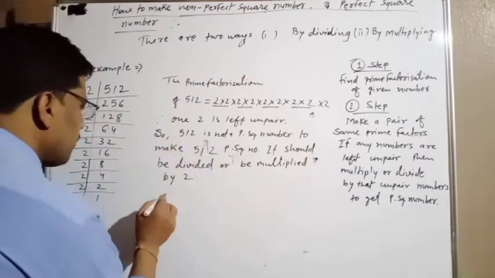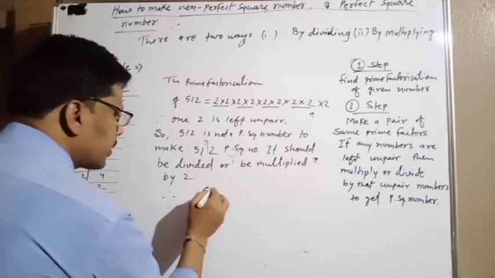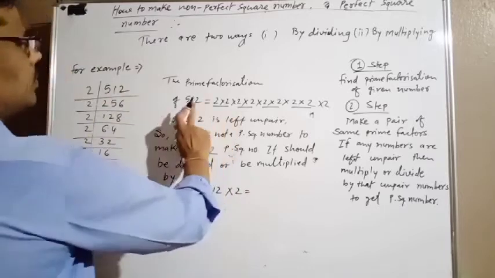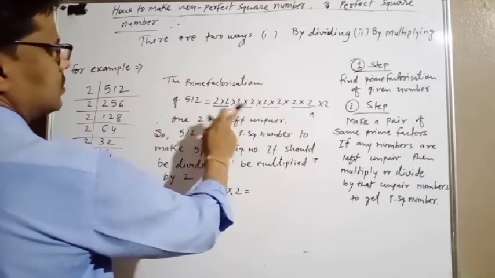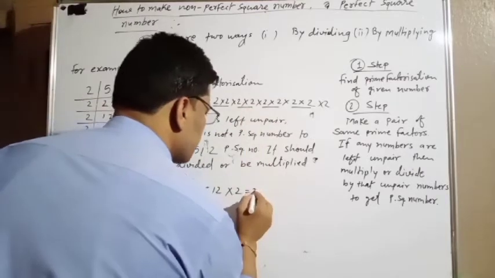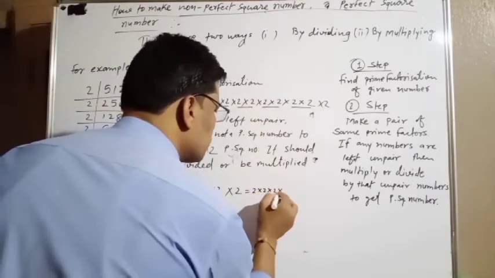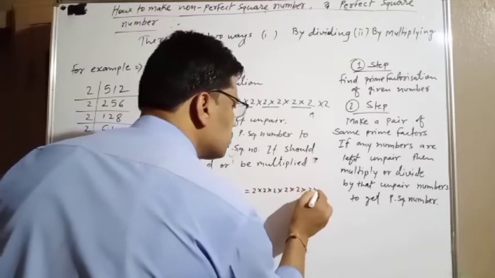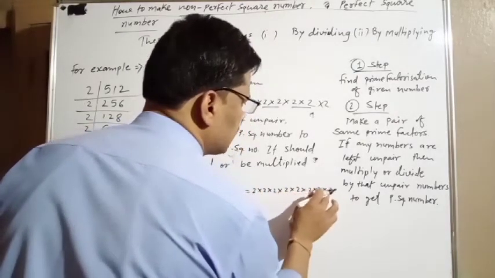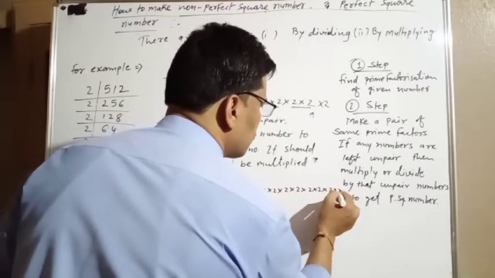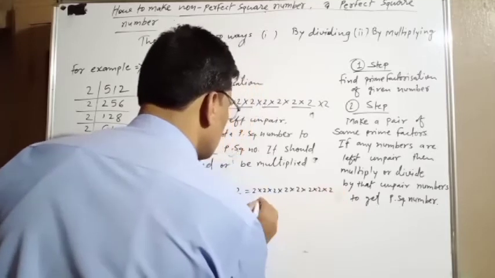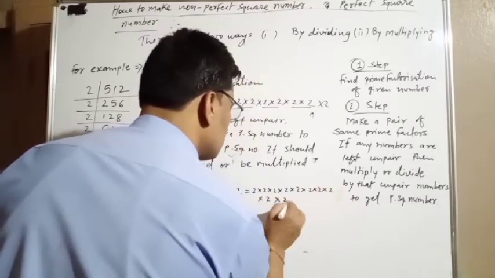Suppose, therefore, I multiply 512 by 2, so what do we get here? We multiply by 2 on both sides. So it becomes 2 into 2 into 2 into 2 into 2 into 2 into 2 into 2 into 2 into 2.